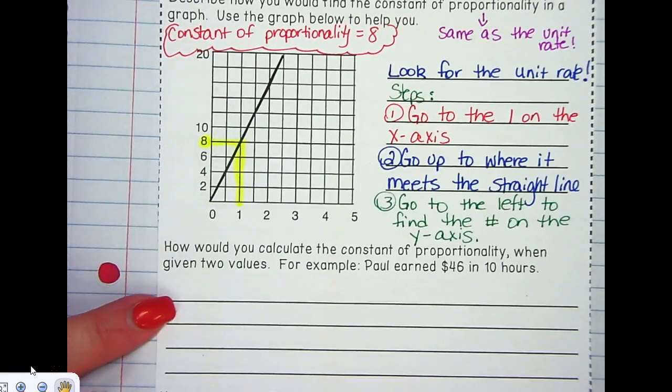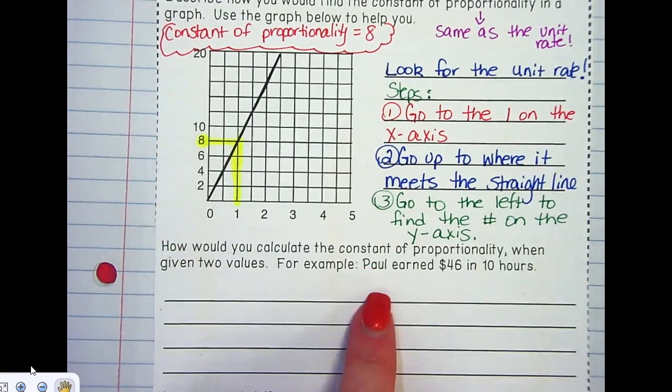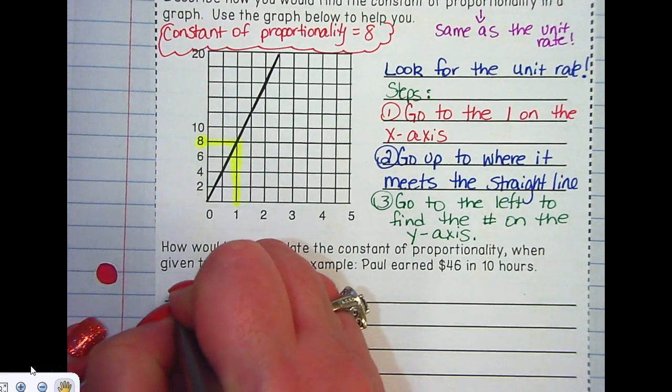Now let's look. How would you calculate the constant of proportionality when given two values? So if I just had the problem, Paul earned $46 in 10 hours, how would we find the constant of proportionality? Remember, we said that is the unit rate. So we're going to calculate the unit rate.